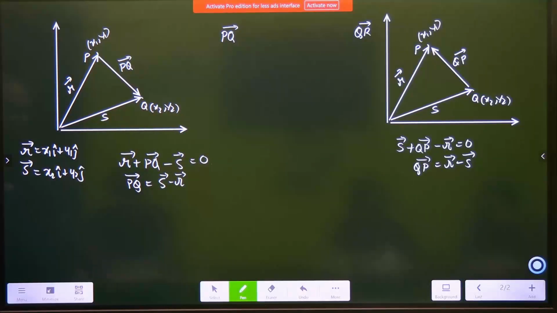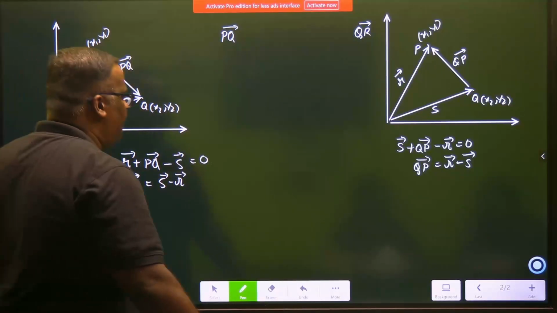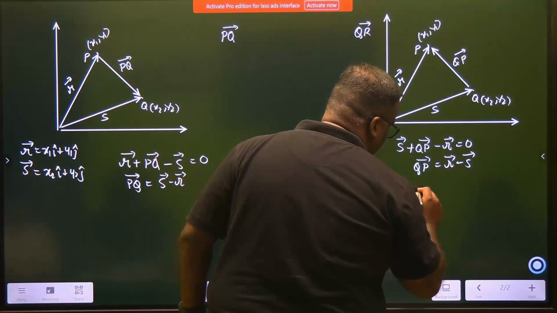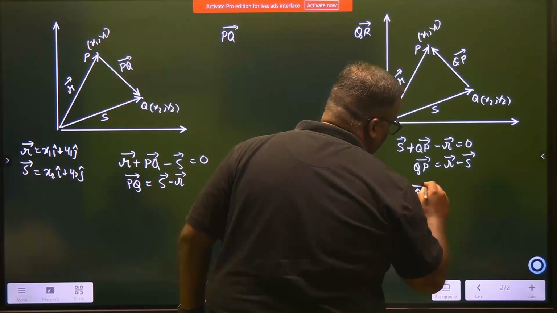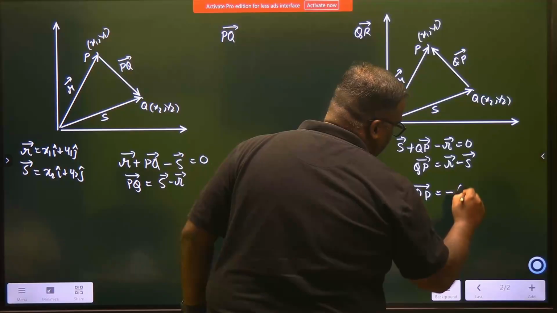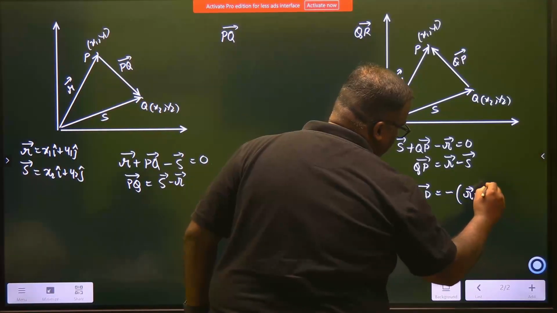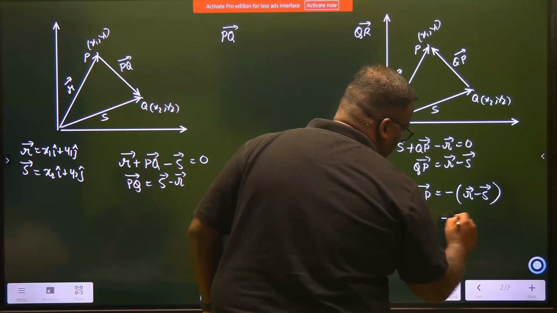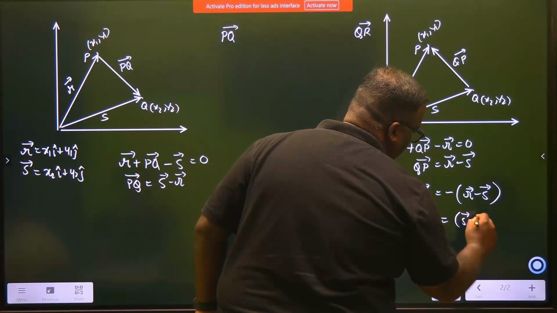Understood, children? Okay. Now, if I make it negative QP, then these become negative of R minus negative of S. Do you agree? That means this becomes S vector minus R vector.